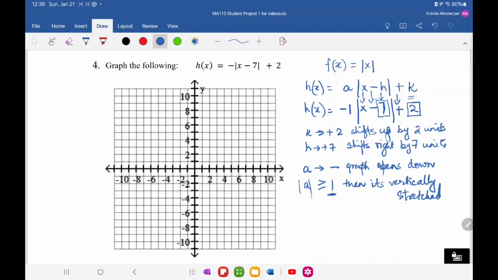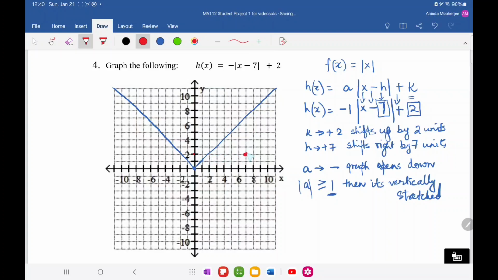All right, so the base graph is going to be something like this, right? That's how the base graph would be. It would have its vertex at 0, 0. Now we transform this because of the value of k, we have to shift up by 2 units. I'm going to use a different color. It's going to shift up by 2 units and then shift right by 7 units. So I'm going to go 1, 2, 3, 4, 5, 6, 7.